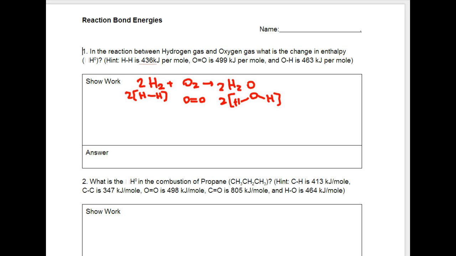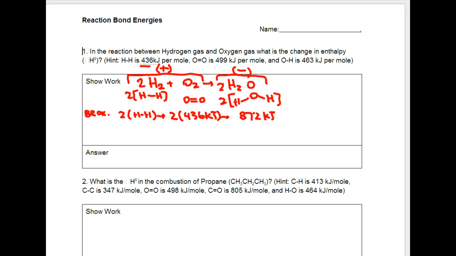So now we can look at what's being broken, which is always the reactants, and being broken means it's a positive, and what's being formed, and that's the products. And if it's being formed, it's always a negative. So first, let's do the broken. So we have two H-H bonds, which is 2 times 436 kilojoules, which is equal to 872.